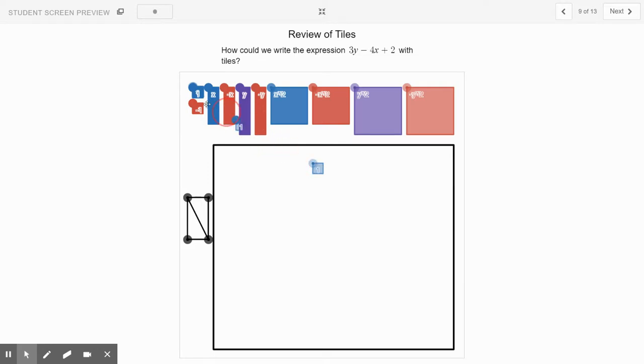Now let's say that you had minus 3, okay? So 3 is an integer, but it's minus. And remember, this is something that we did learn in 7th grade. We can rewrite subtraction as adding the opposite. So when you see a minus 3, you can also think of that as adding negative 3.